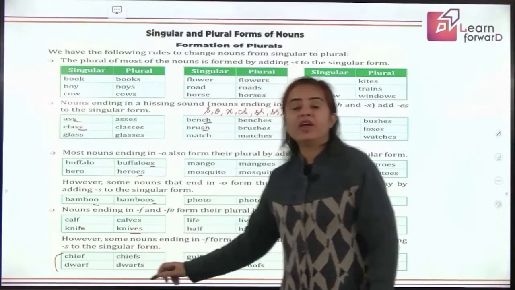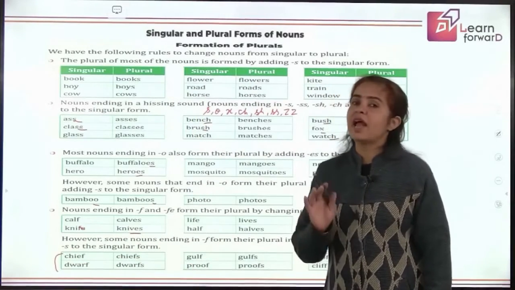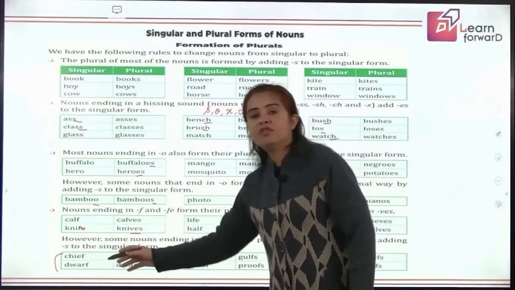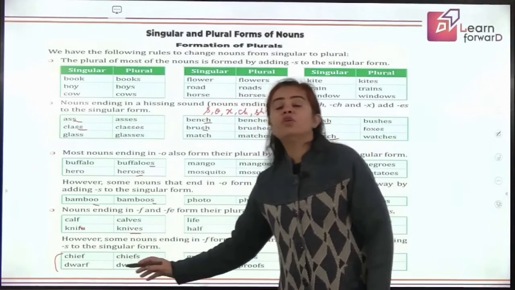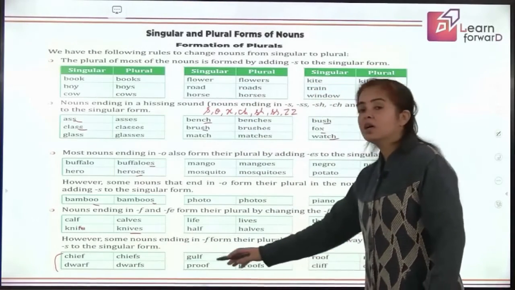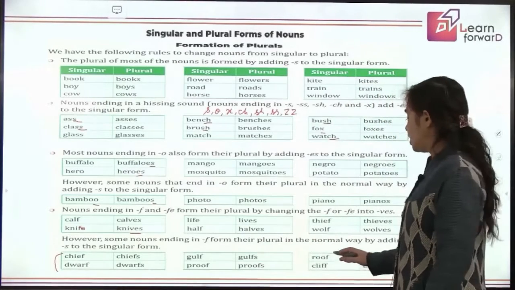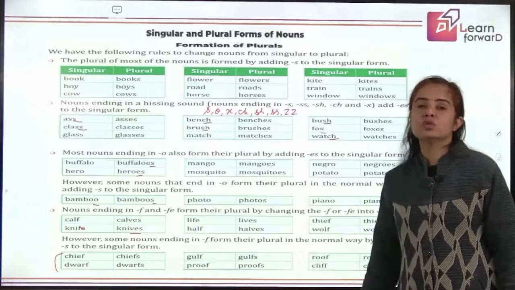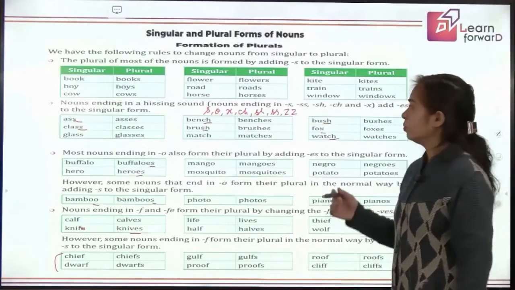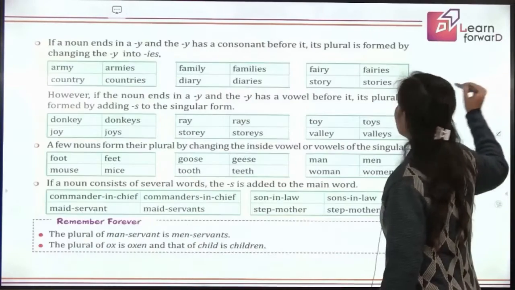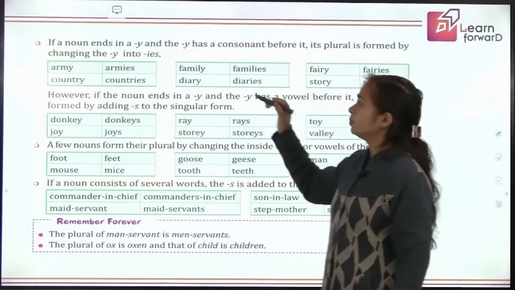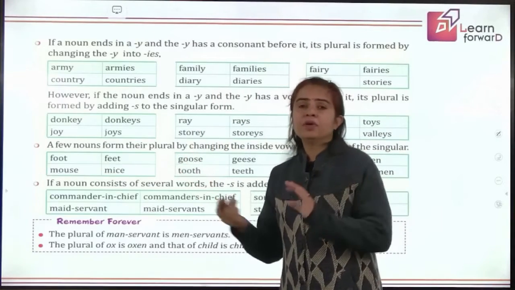These are f ending words, but still we just add s to them, like chief, chiefs, dwarf, dwarfs, gulf, gulfs, proof, proofs. We do not change them into ves. Roof and cliff also get s added to them to make plural. So this is from your past learning, a quick revision only. Then a very simple rule of y.